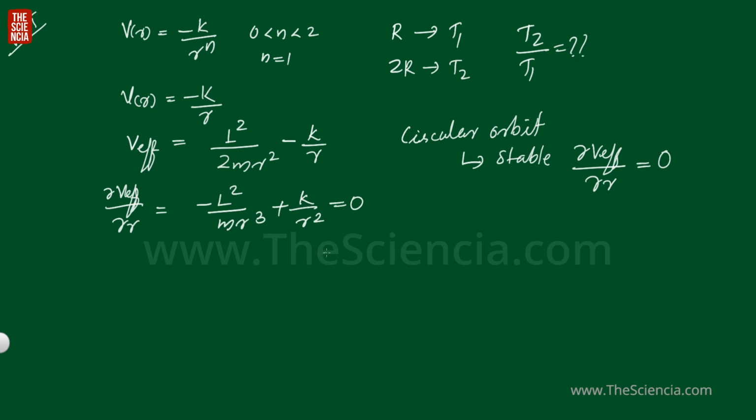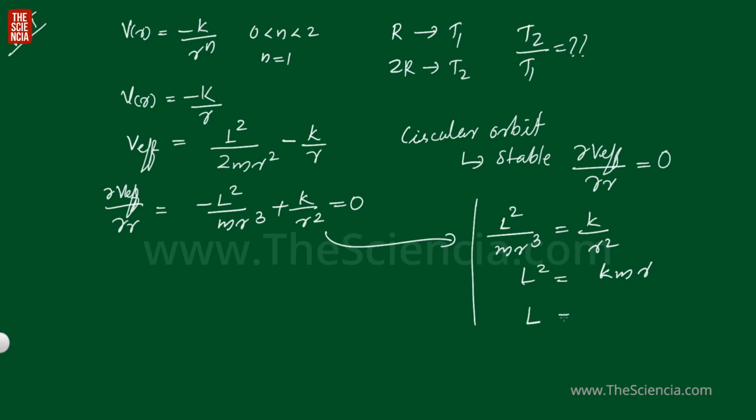Here I tell you another method of solving this problem. You take this equation, that is you get L square by m r cube equal to k by r square. So from here you can find out L square equal to k m r, and you can equate this L value with the angular momentum in a circular motion, that is L is equal to m omega r square.